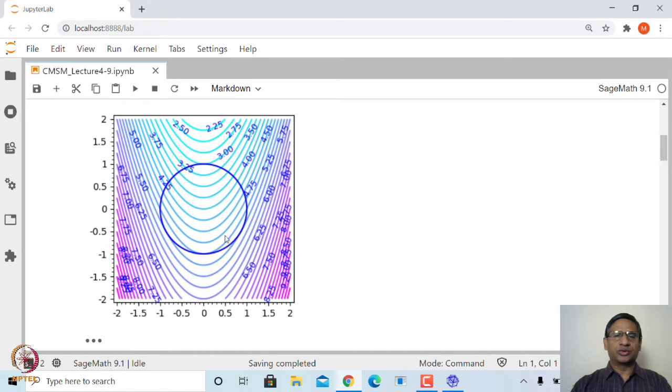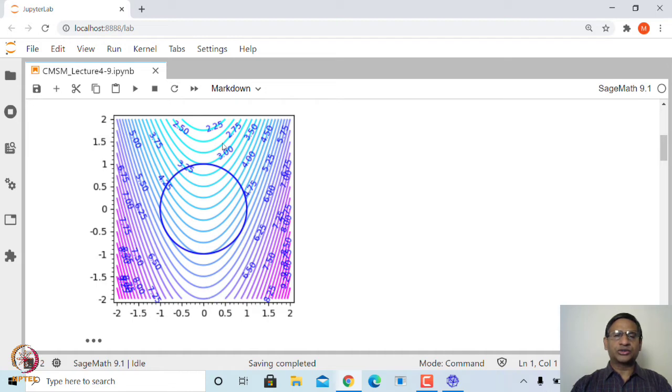This blue curve is the circle and these are all contours for f. You can see here this is the level curve at 2.5, this is 2.75, this is 3.0 and so on. So, as you come down the value of the function is increasing, right.